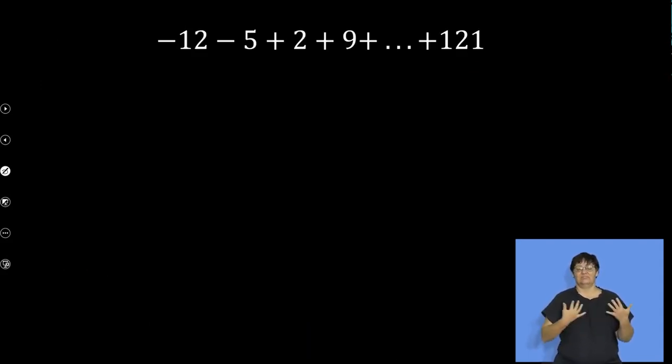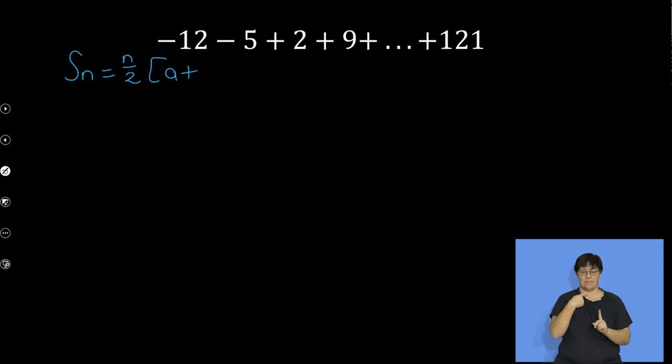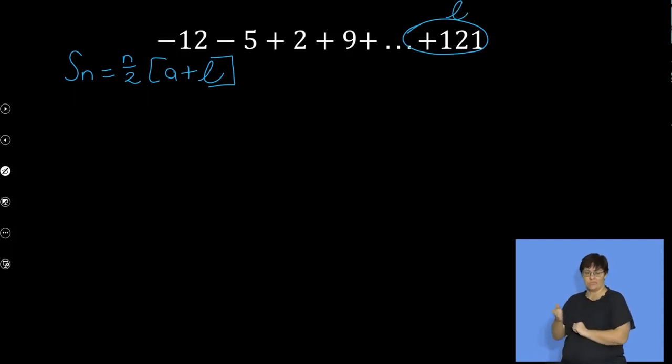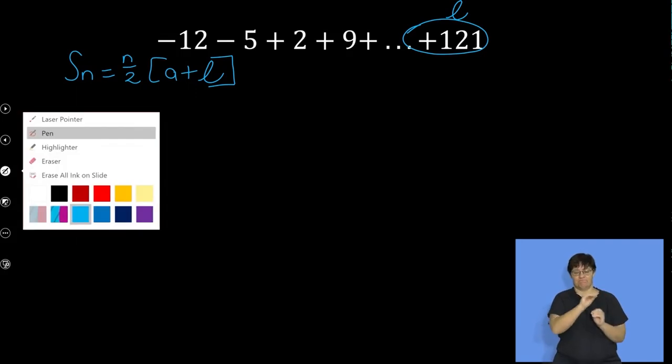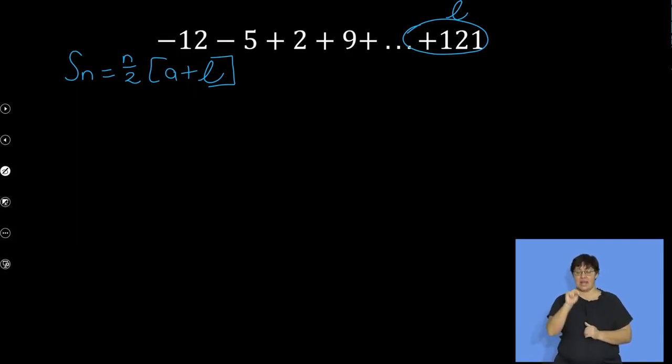So guys, let's get going with this example. I'm going to use the series form of Sn is equal to n over 2 times a plus L. I'm using this form as I actually have the value of the last term. But before I do that, I need to be able to substitute in a and n.